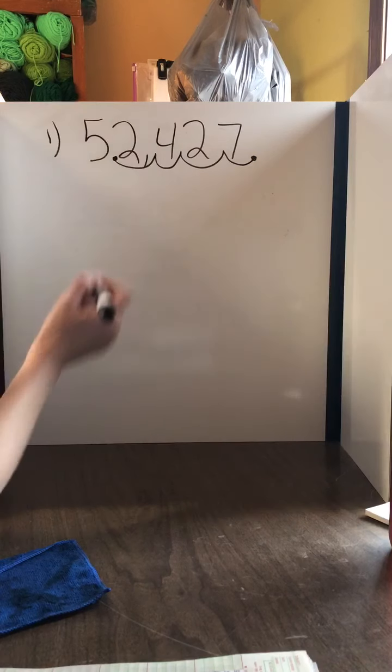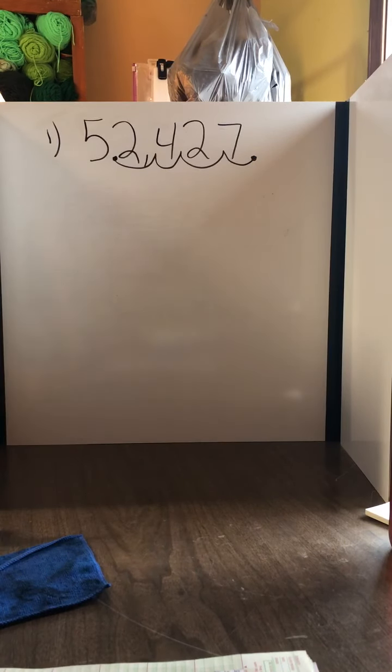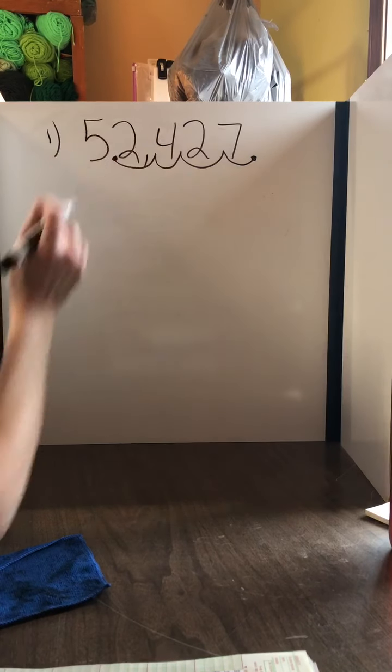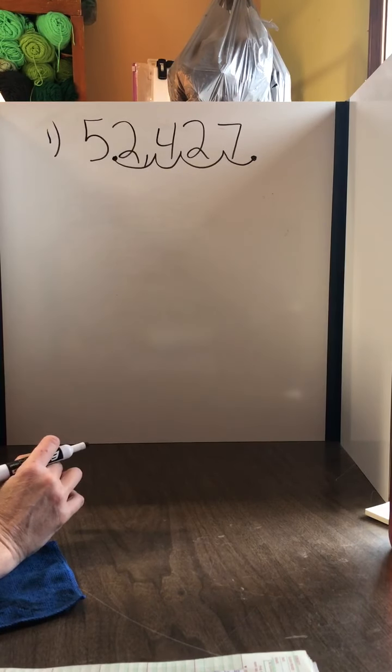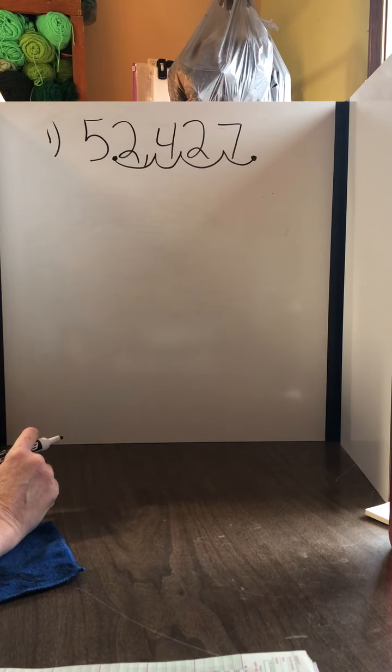And to do that, I'm moving it to the place right after the first non-zero number. Okay, so I moved it over to between the 5 and the 2, and this is 5.2427, and that is a number between 1 and 10.